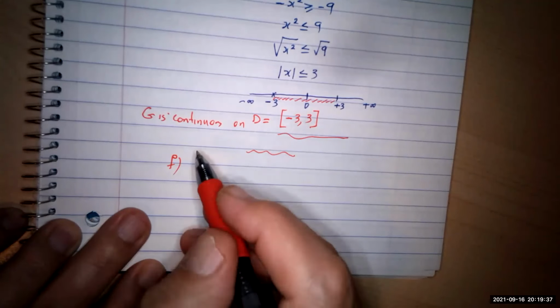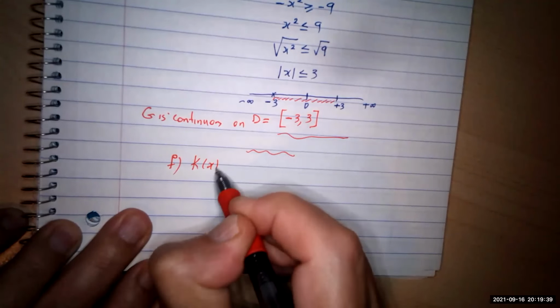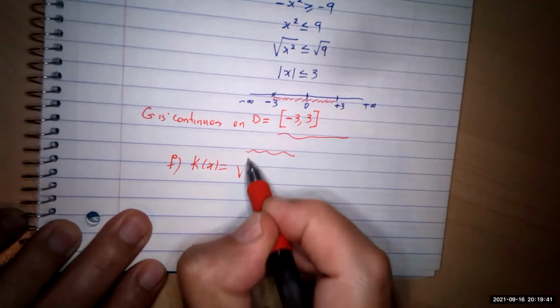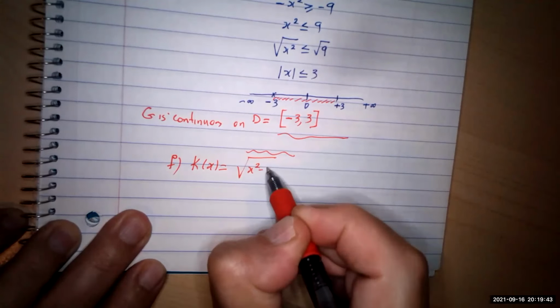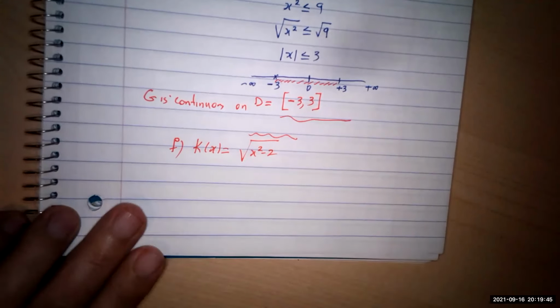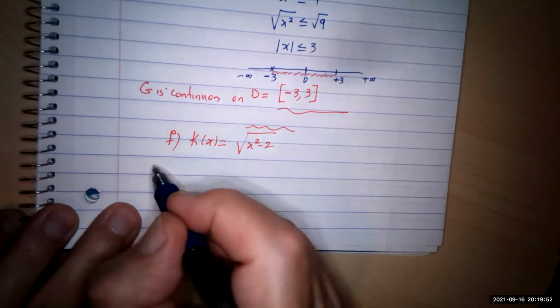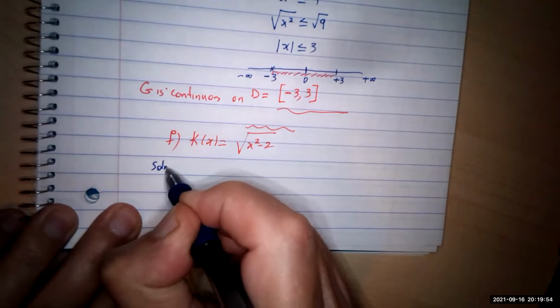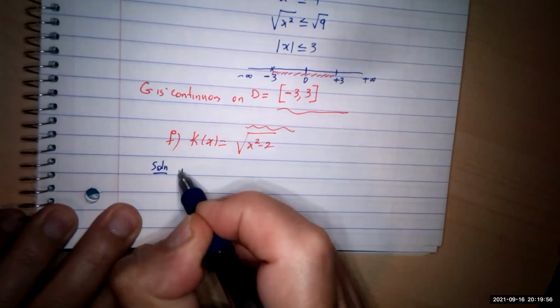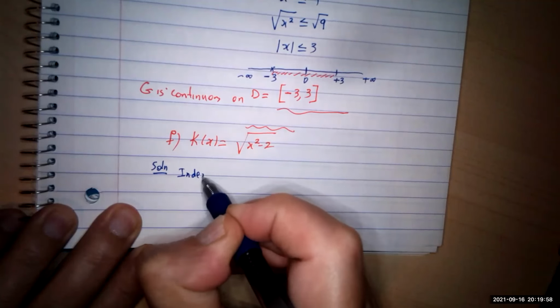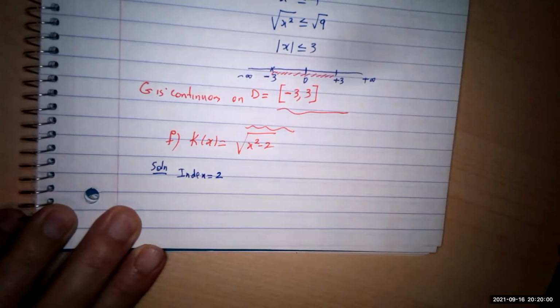So the part F is K of x equal to, again, a square root of x squared minus 2. Same thing, the index is 2. So you have work to do, it's just a similar one. The index of the radical, 2, is an even number.